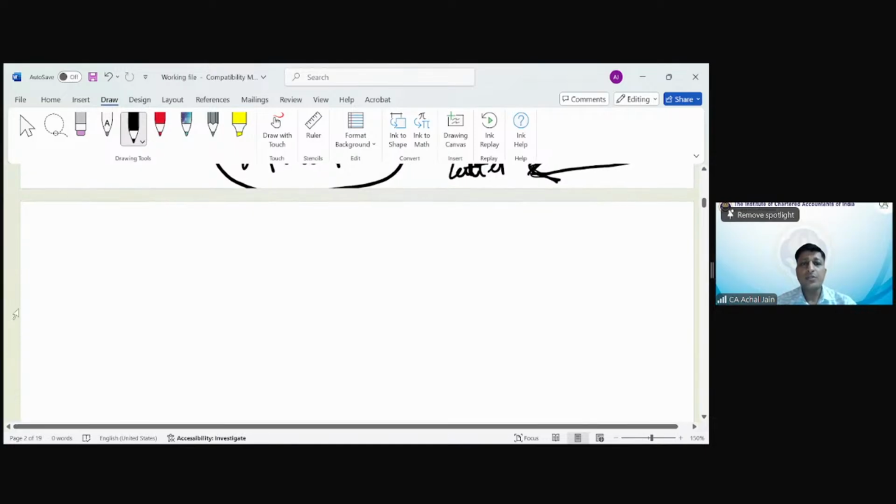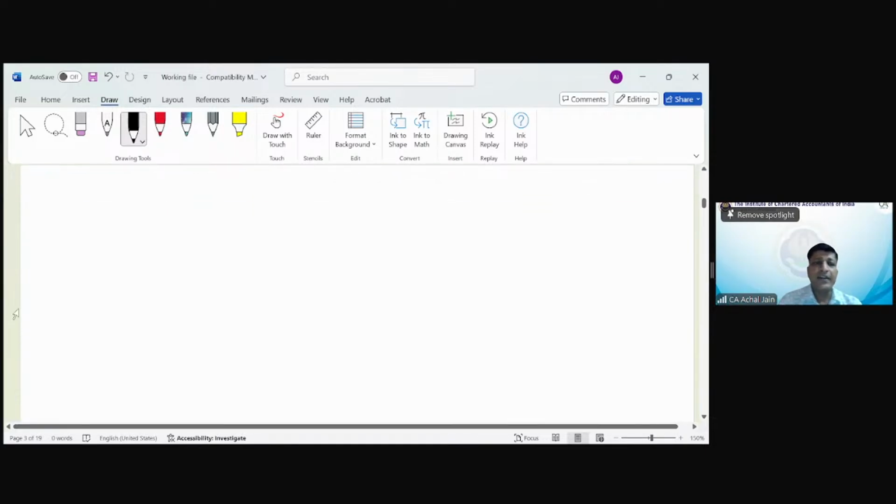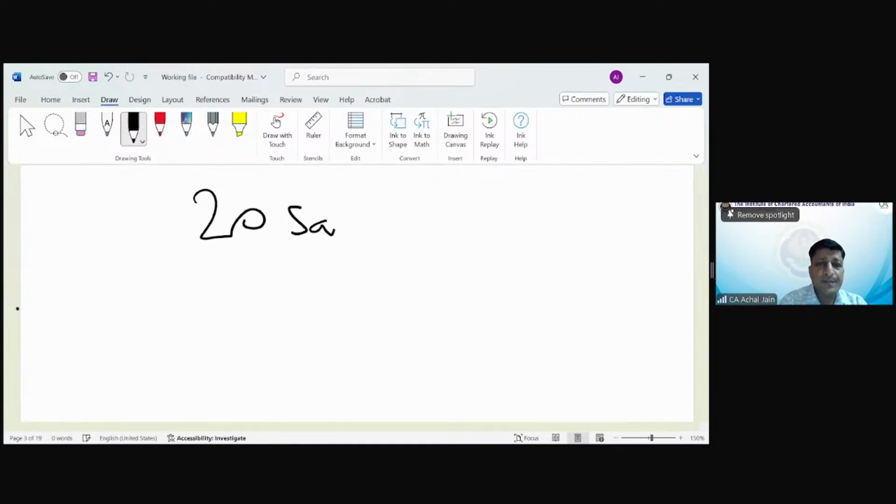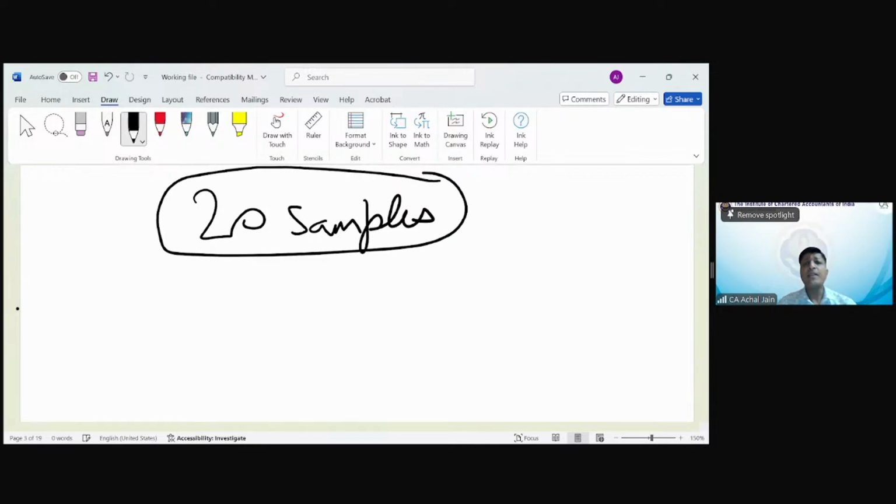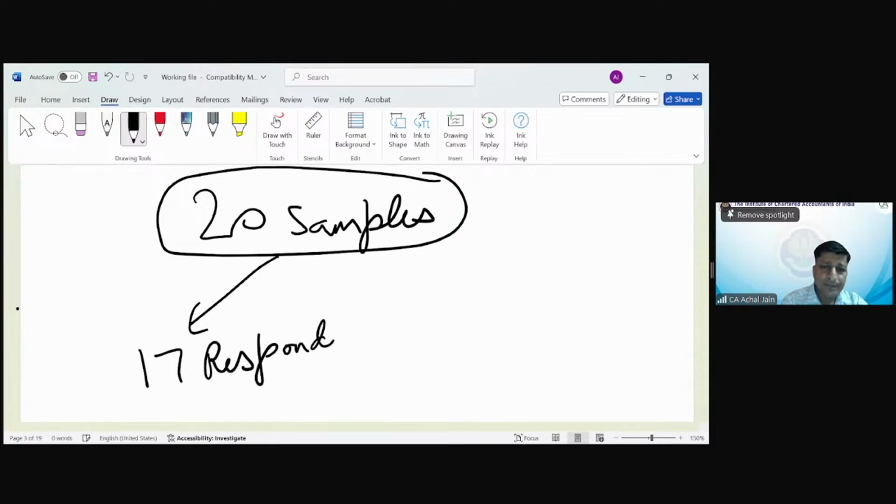Let's suppose the auditor had selected 20 samples. 20 samples means letters were sent out to 20 parties. 17 have responded. 3 have not responded.